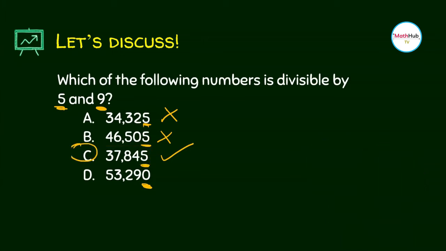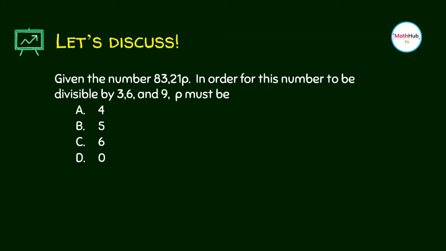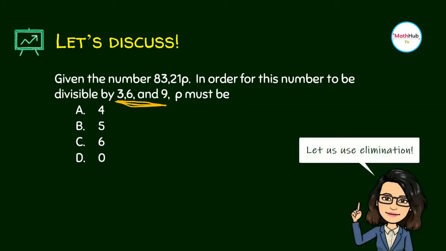Letter C. Given the number 83,201p, in order for this number to be divisible by 3, 6, and 9, p must be. Recall divisibility rules by 3, 6, and 9. They are related, correct? But first, let me look at this, divisible by 6.